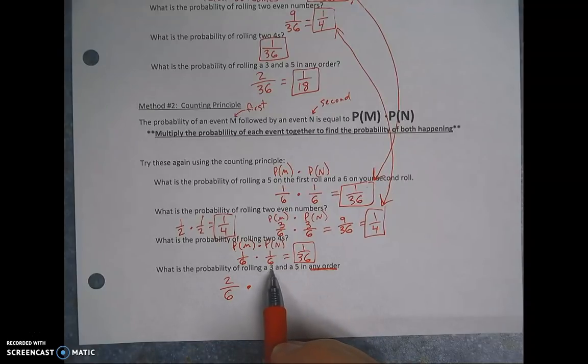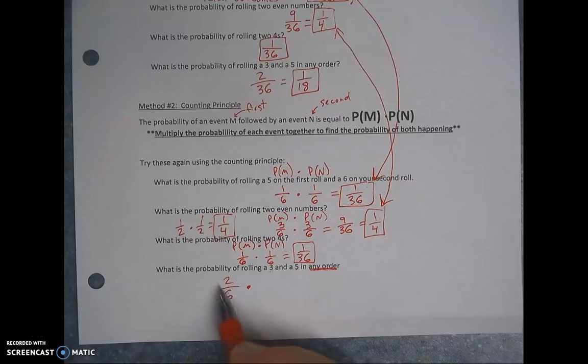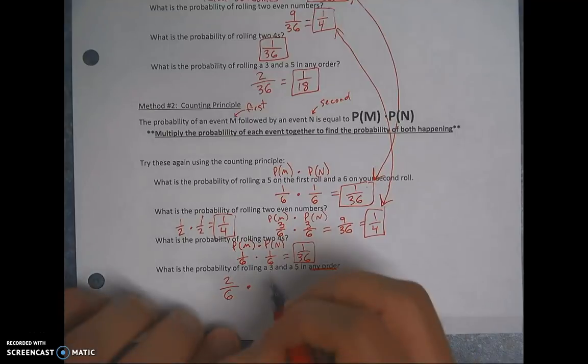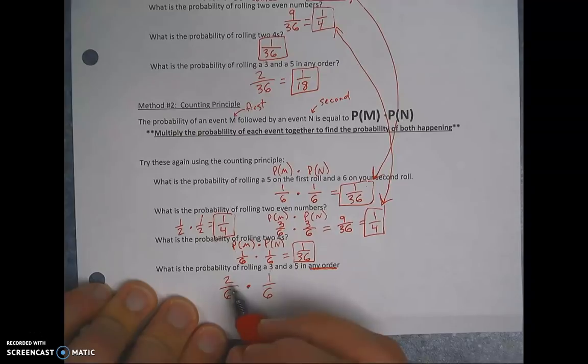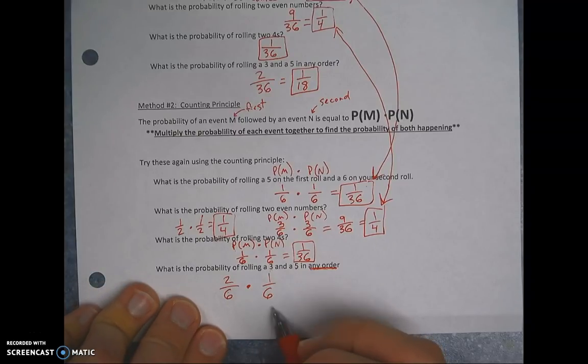So we have to get a 3 and a 5. On your first dice, you could get either one, 3 or 5. But on your second dice, you have to get the other one. So let's say we got a 3. The next time we have to get a 5. There's only one way to do that. Or let's say we got a 5 on the first one. Now we have to get the 3. And there's only one way to do that. So on your first dice, you can get either, 2 out of 6. On your second dice, then you only have one option, and it's a 1 out of 6.